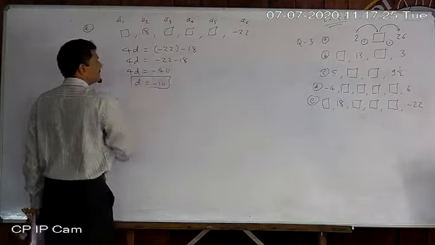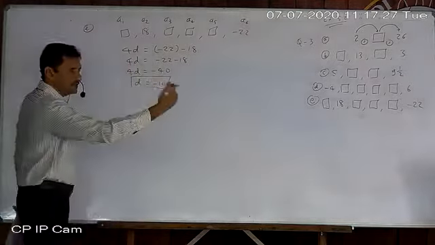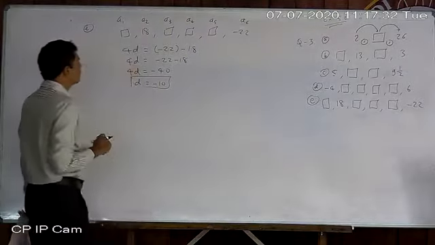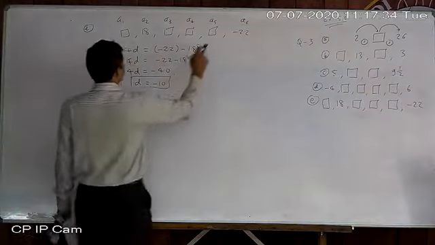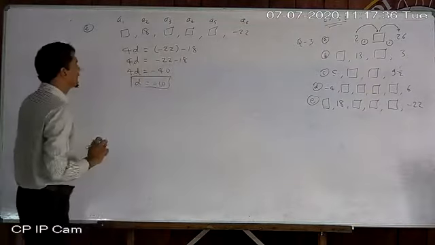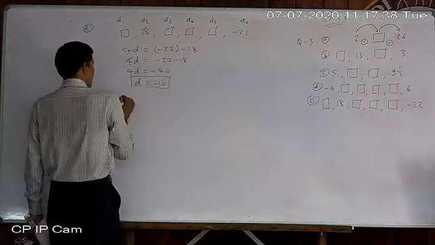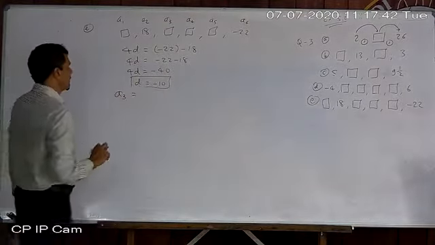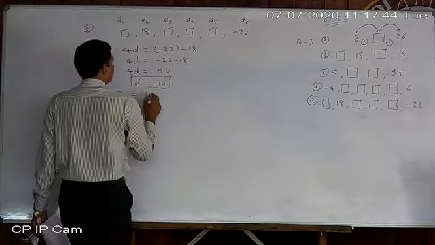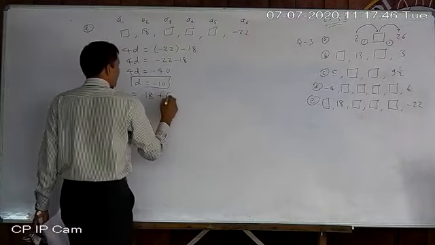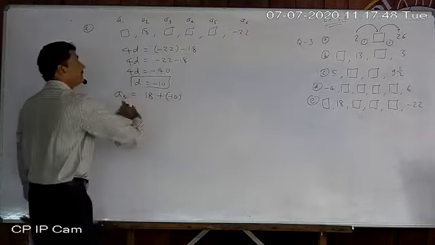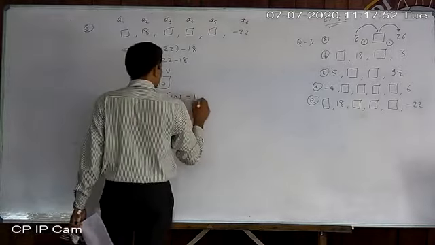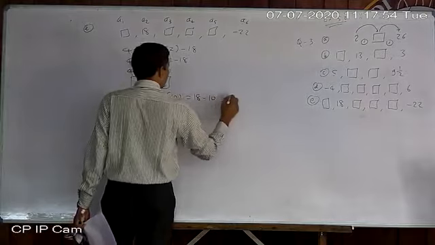Now nothing is difficult. Just add minus 10 like this. Okay. So, sorry. Minus 22, yes, minus 18. So now A3. A3 equal to 18 plus D, meaning minus 10. 18 plus D. Adding D. So 18 minus 10, it becomes 8.